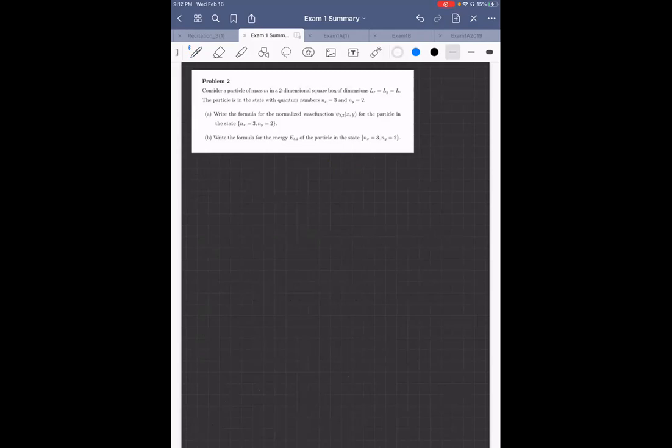For each direction, the wave functions are going to be similar to each other. So for x, it's going to be the square root of 2 over Lx times sine of pi nx x over Lx. Since it's asking for 3, 2, the quantum number is going to be 3.